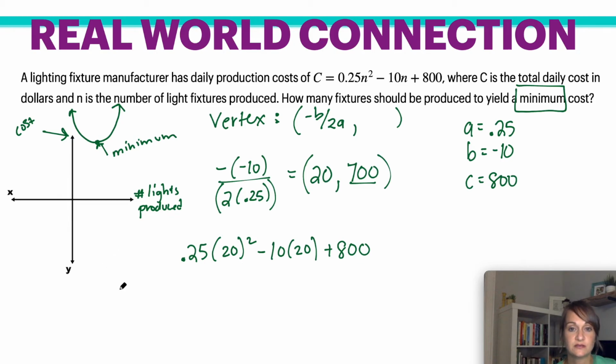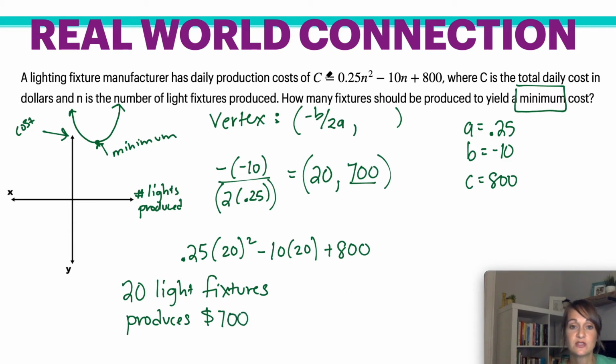So therefore, 20 light fixtures produces the minimum cost of $700. So the answer to this question was how many light fixtures should be produced? 20 light fixtures should be produced. And then if they ask the question, what is the cost of that? It would be $700.